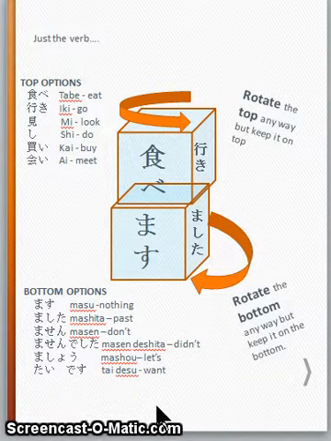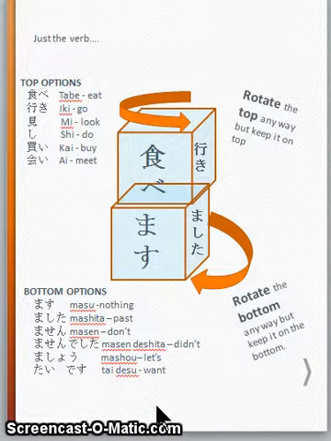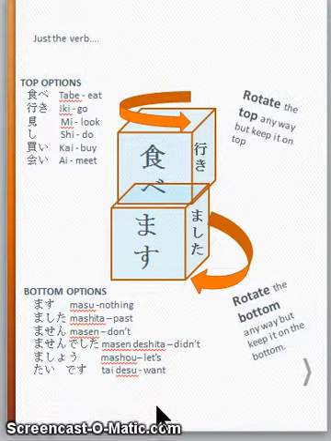Mashita, which makes the original verb past. Masen is like saying don't, whatever the verb was. Masen deshita is past and negative, so you've got didn't, whatever the verb was. Mashō is a version of let's, and tai desu is want.